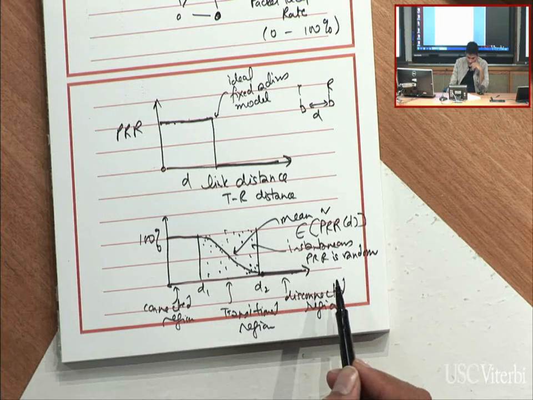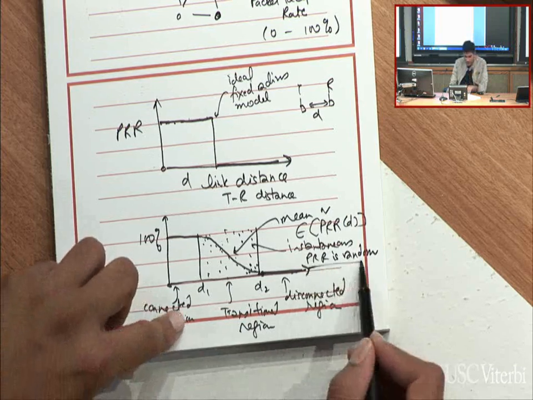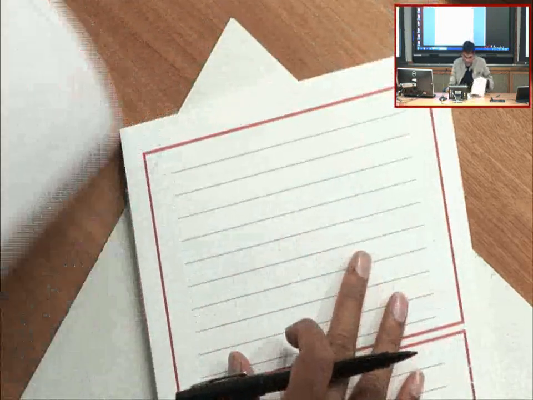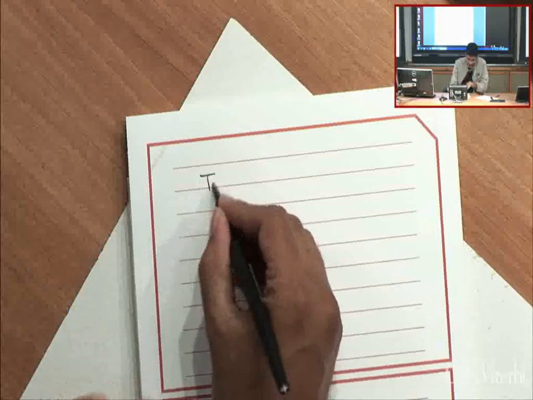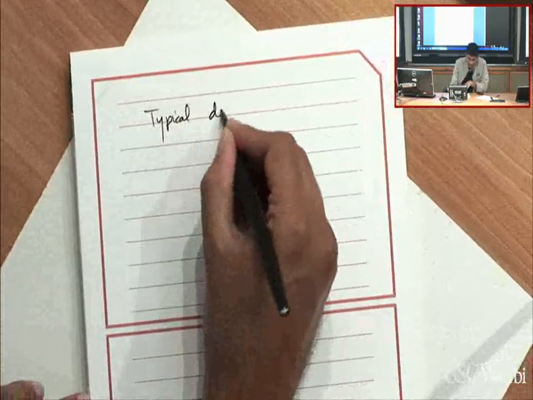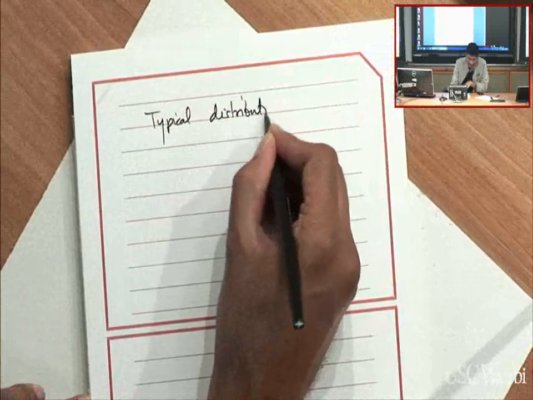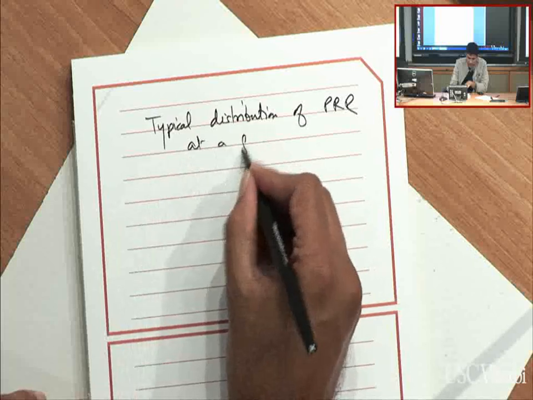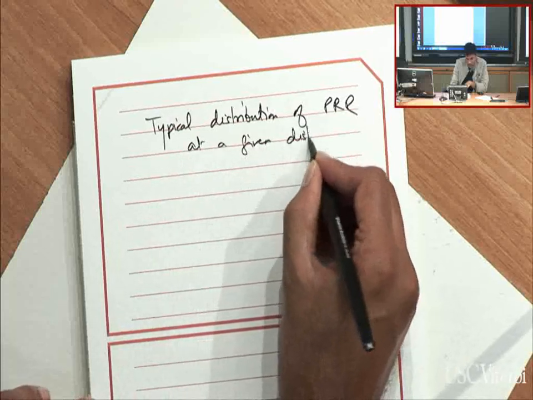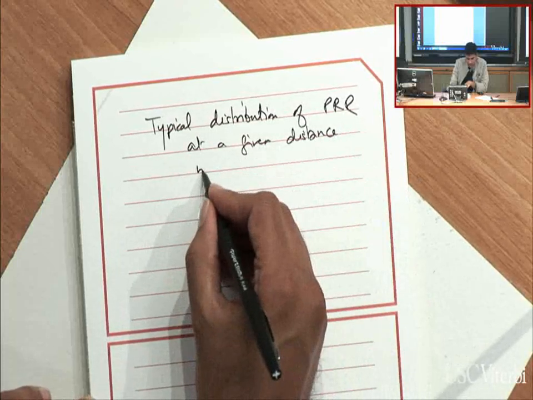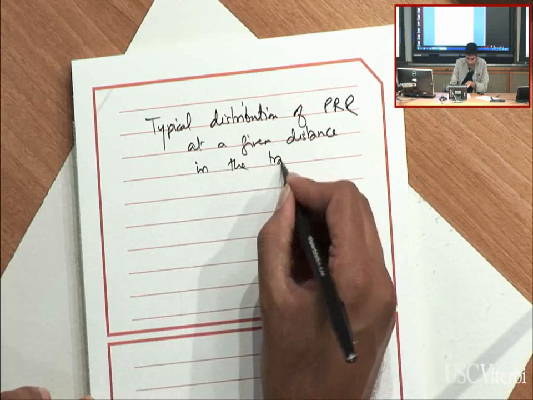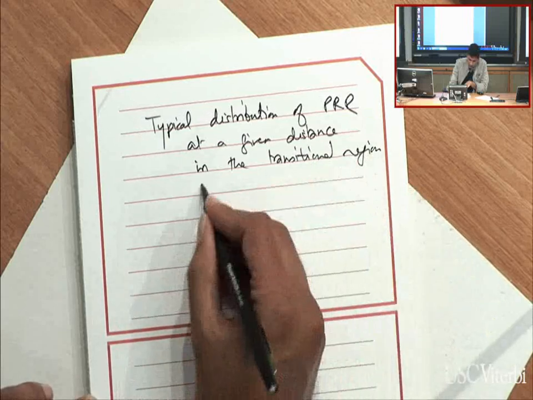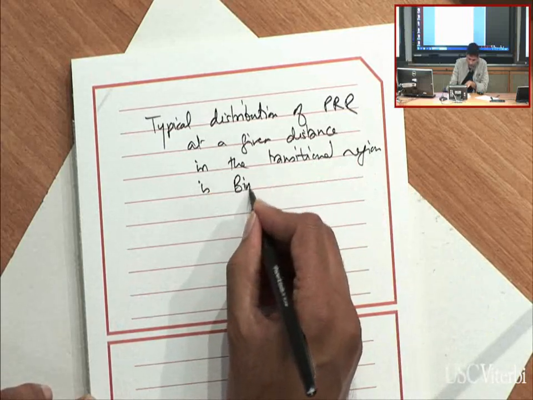And not only is it random, if you actually measure the distribution of PRR, the typical distribution of PRR at a given distance in the transitional region is bimodal.